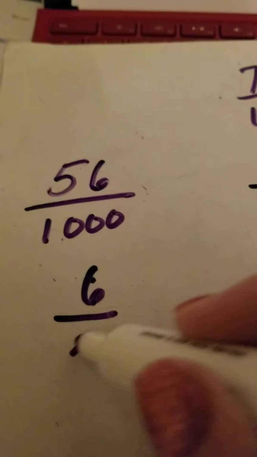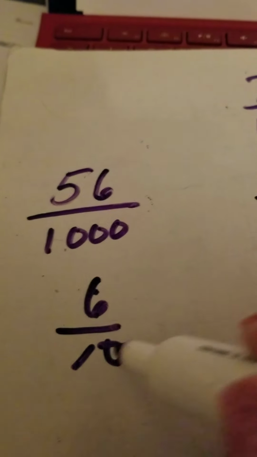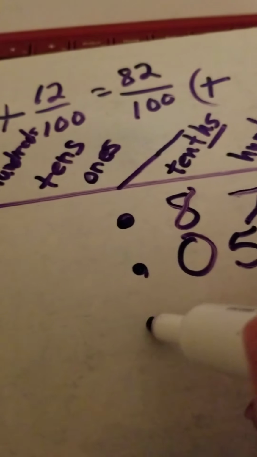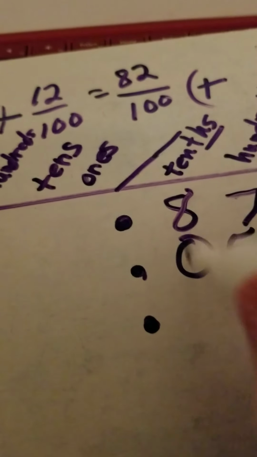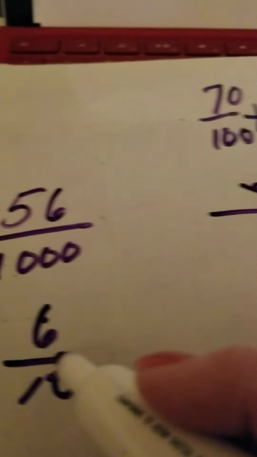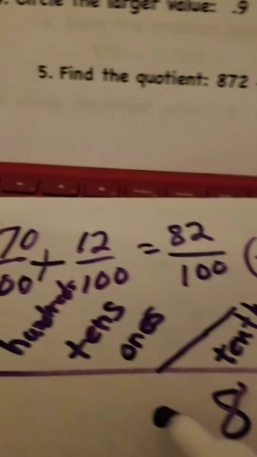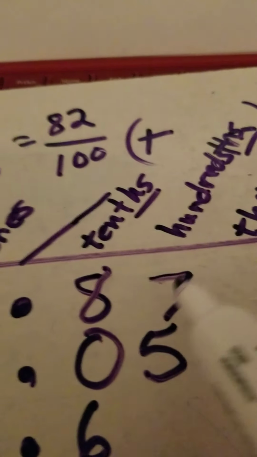If I was doing 6 tenths, I know my 6 is going to go in the tenths place. So we're going to do the decimal. My 6 is going to go in my tenths place. That is the same as 6 tenths. So another way to write 87 hundredths is decimal 0.87.